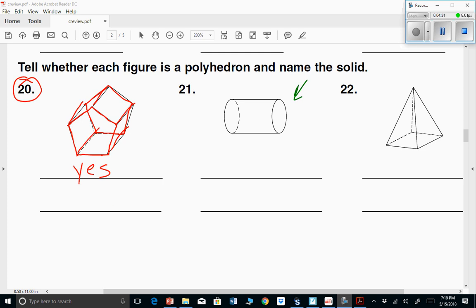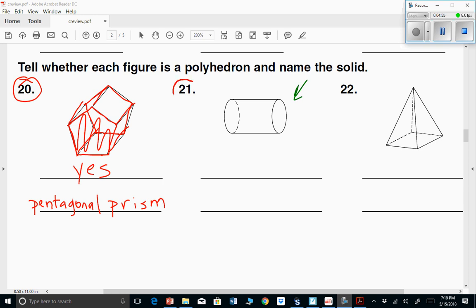So that is a prism, but we need to be a little more specific than that. Prisms are named by their bases. So these 2 parallel faces here, they are in the shape of a pentagon. So that would be a pentagonal prism.